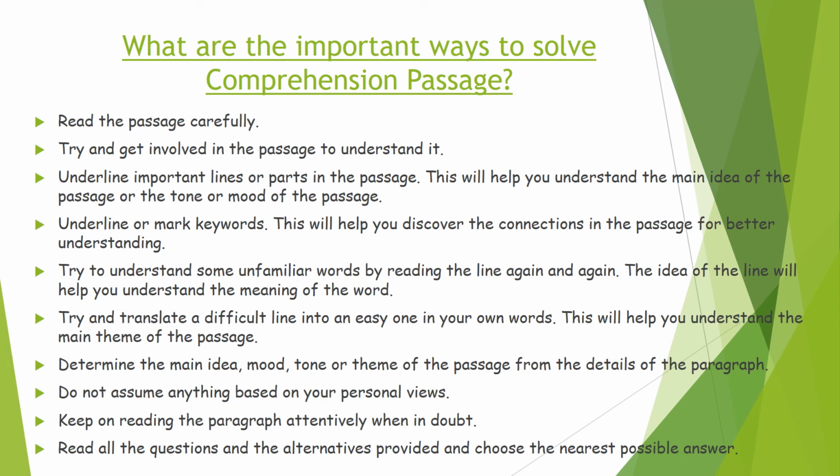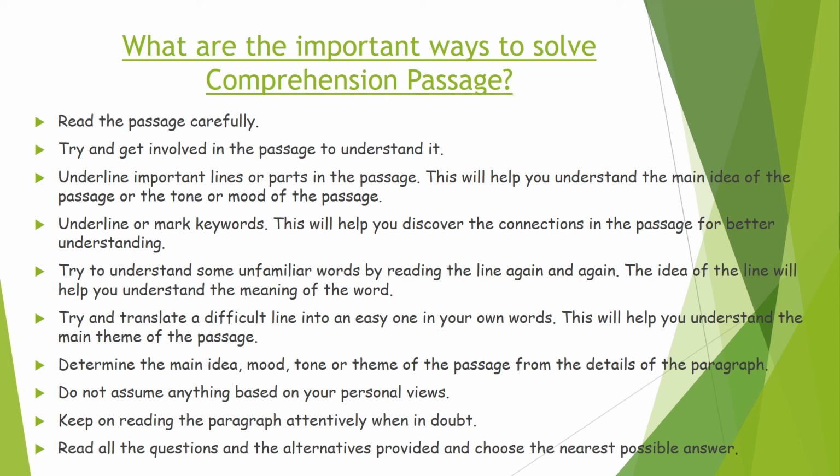It is not said that you read the passage only once or twice. You can do your reading comprehension passage by reading it 4 times, 5 times, 10 times, till the time you understand it, and then try and translate whatever you are reading in your mind in your own language.